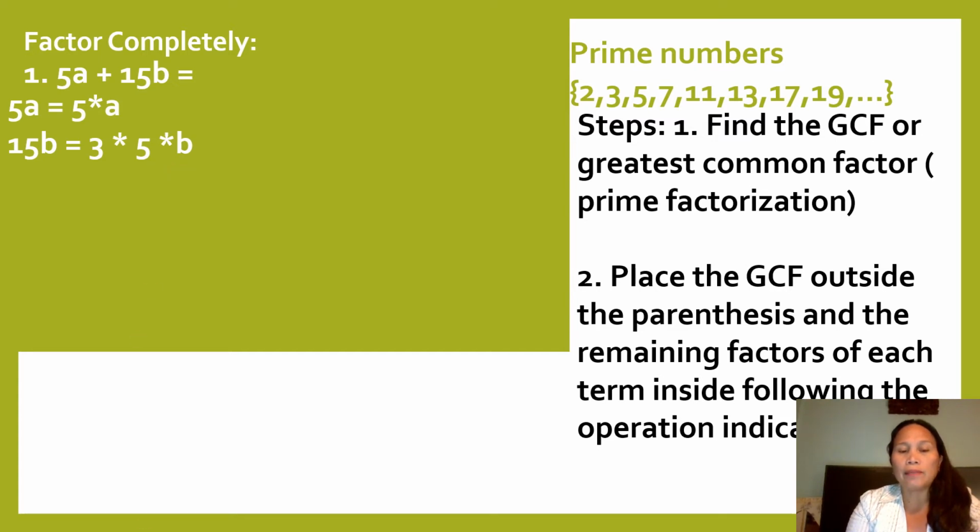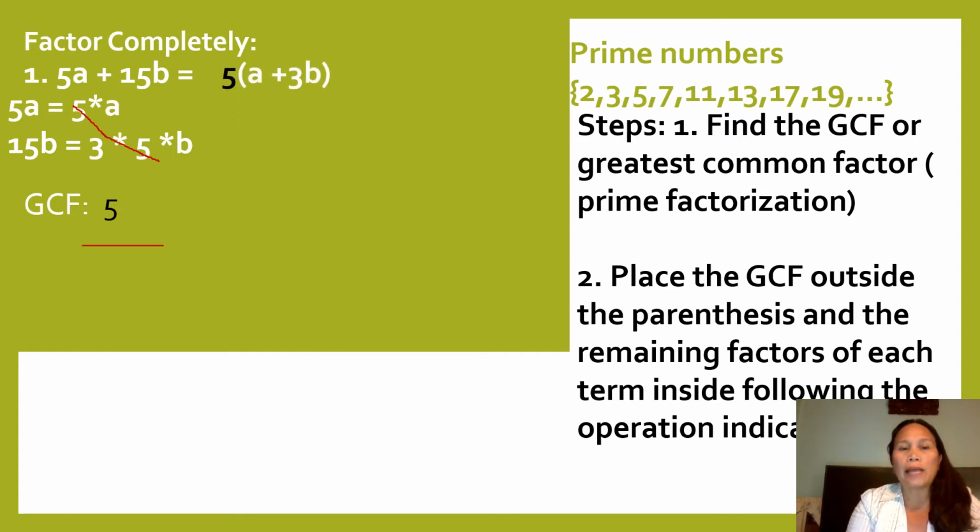Next, after that, you're going to find the GCF or the common factor first. The common factor here is 5. And that's it. That's all. That's the GCF. Now, the GCF is what we call also the common monomial factor.